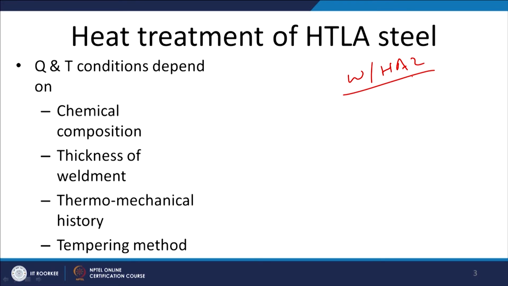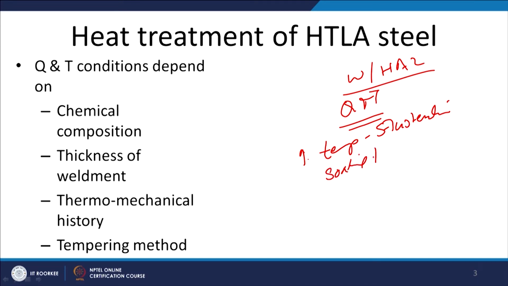and therefore, to restore the properties it becomes important to perform the quenching and tempering heat treatment. Which kind of quench and tempering treatment will be carried out means what will be the temperature at which the austenitizing will be carried out, the heating temperature basically, and then the soaking time, how long it will be kept there at a high temperature so that the homogeneous austenite is formed, and then what cooling rate will be adopted so that we can get the required phases, that is the martensite.